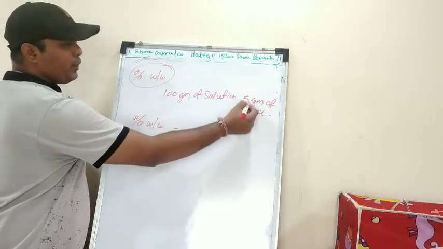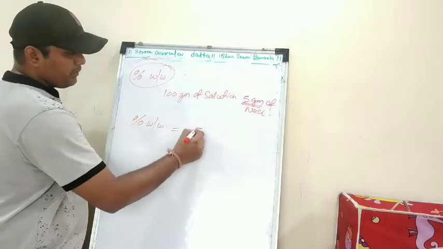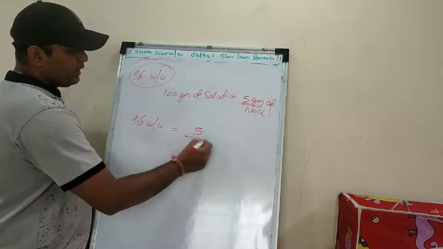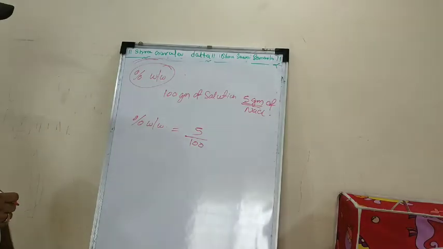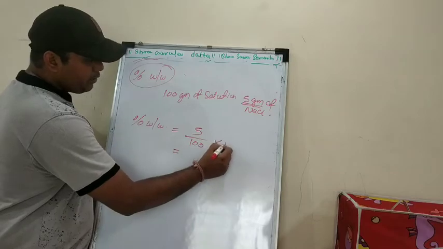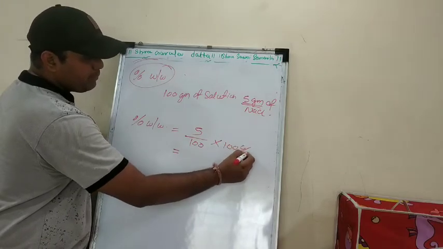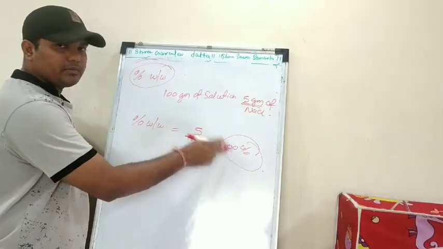So here, what is the weight of the solute? Weight of the solute is 5 gram, right? So 5 divided by 100, into 100. As we are going to calculate the percentage, we all know that the percentage is calculated in terms of 100.